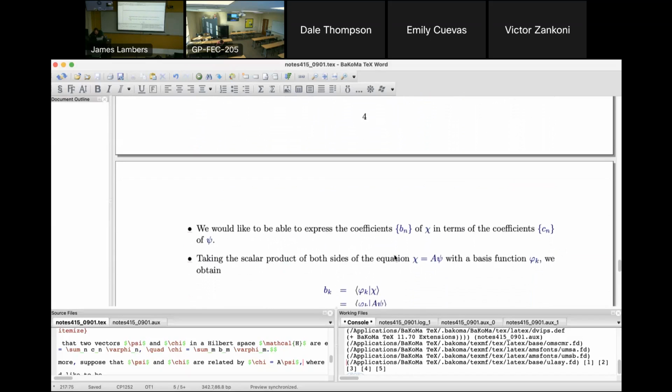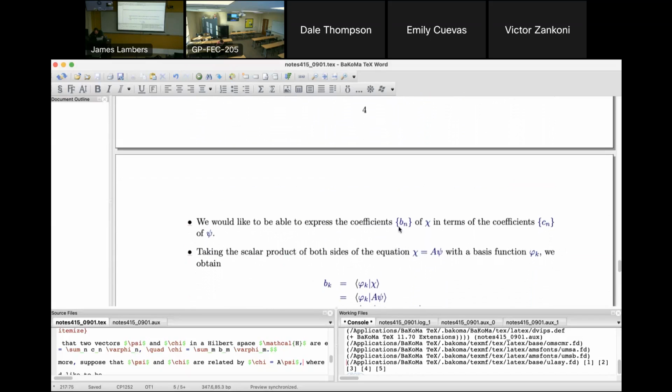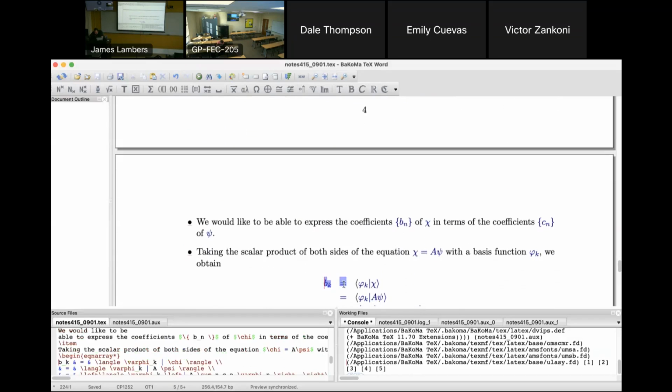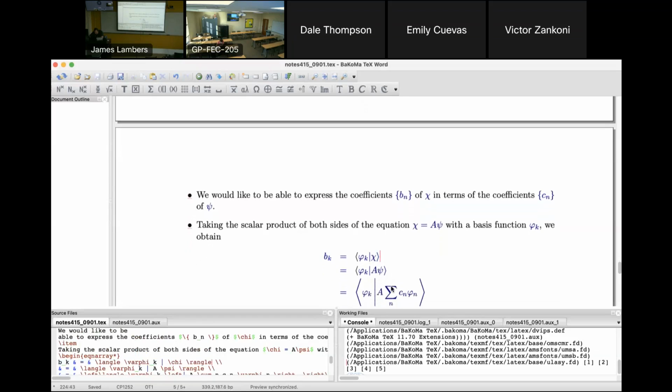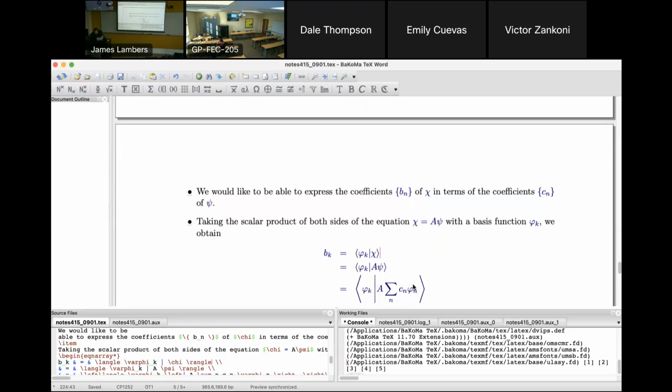So what I do is I look at each coefficient of chi. Because the basis is orthonormal, these are the coefficients of chi in the basis of phi k in this case. But now I use the fact that chi is equal to A times psi. And then I use the fact that psi has an expansion in the same basis, so I substitute that expansion in.